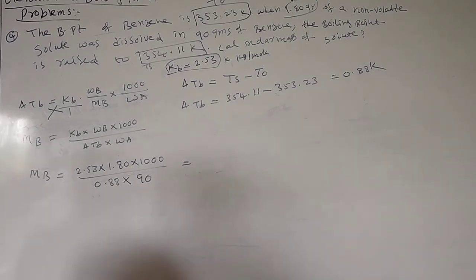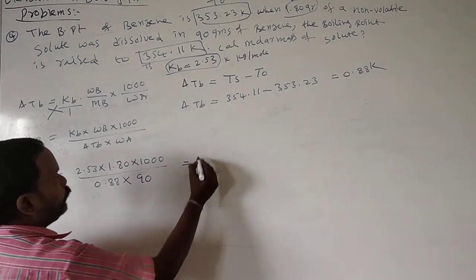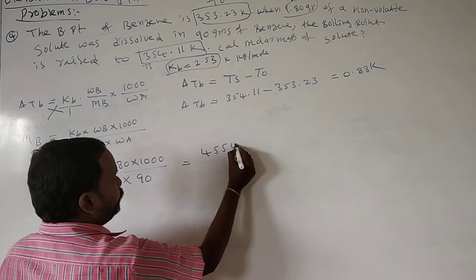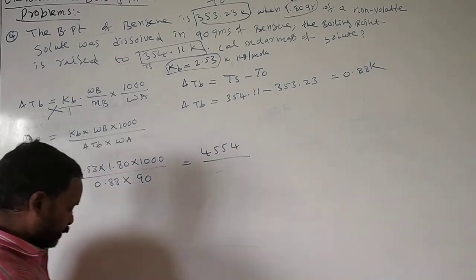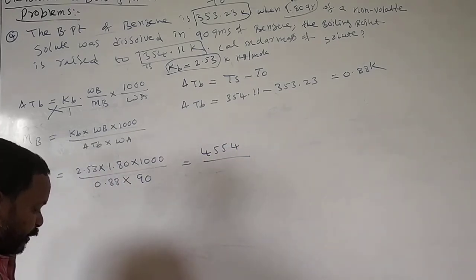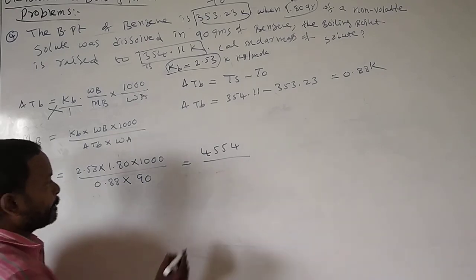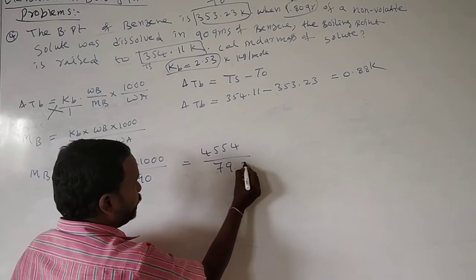First, 2.53 into 1.80 into 1000 is 4554. Then 0.88 into 90 is 79.2.